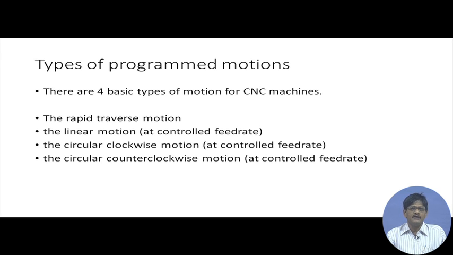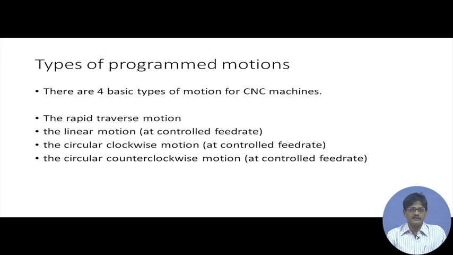What does it mean? It simply means that you can move from one point to another along a straight line at a controlled velocity. Controlled means predetermined. You can assign a particular velocity for that particular movement, and that is generally referred to as feed velocity.